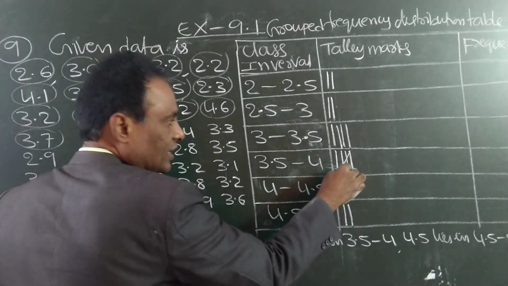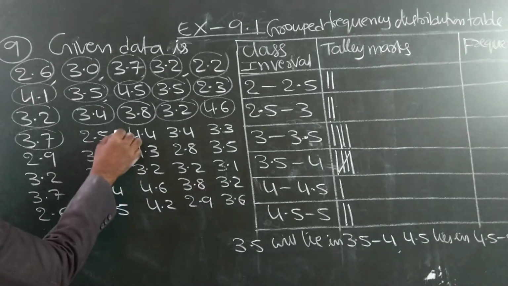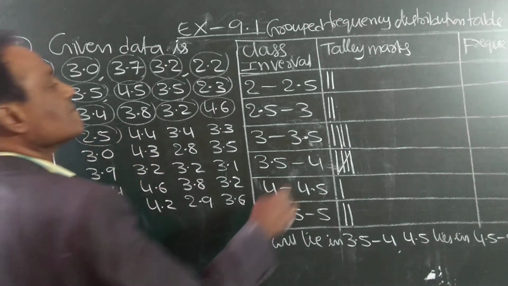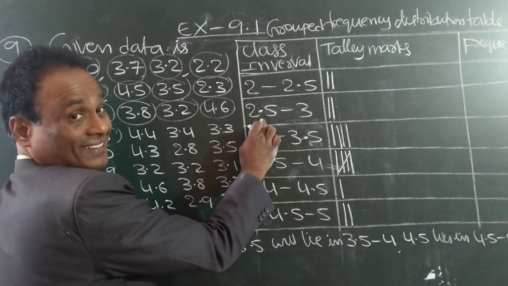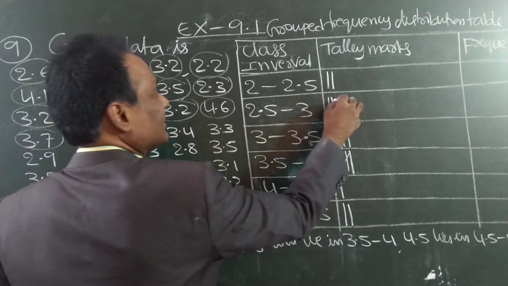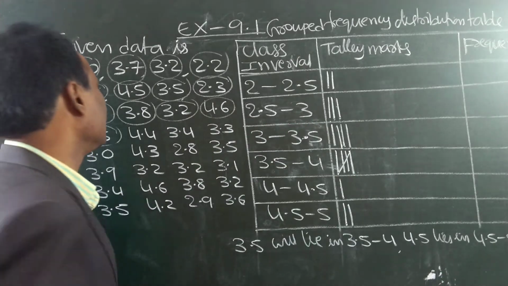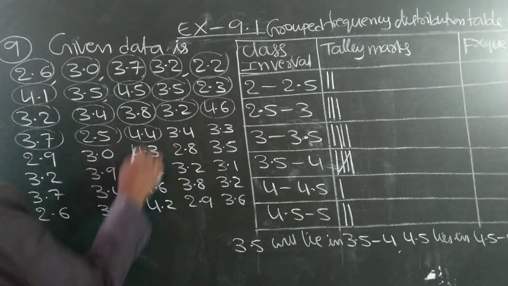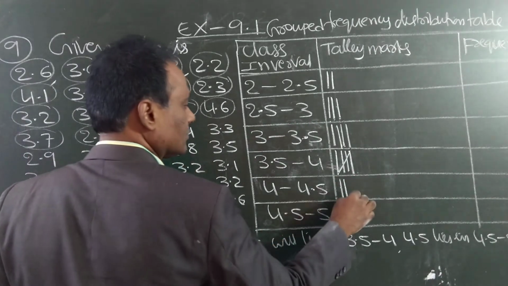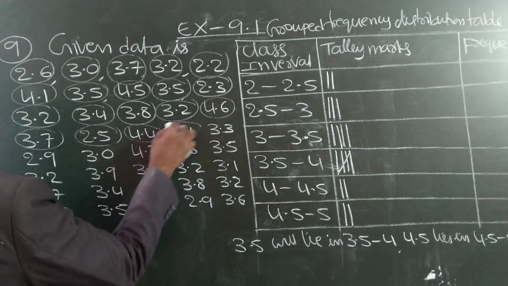After 4, the fifth one is written like this. 2.5 is here. 2.5 will lie in this class. 4.4. 3.4.